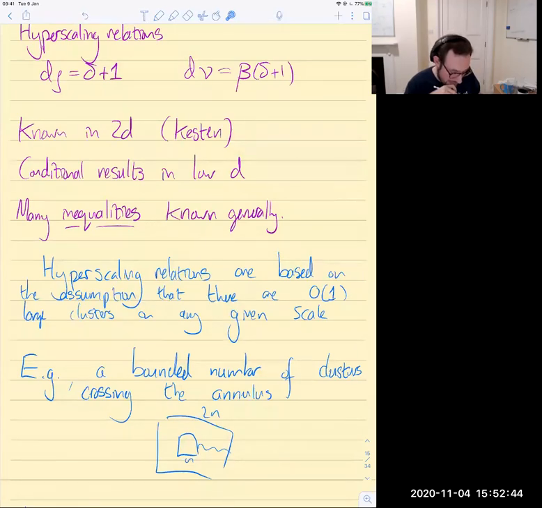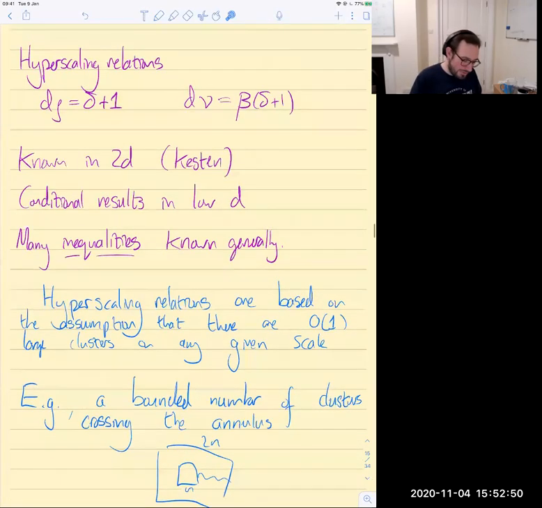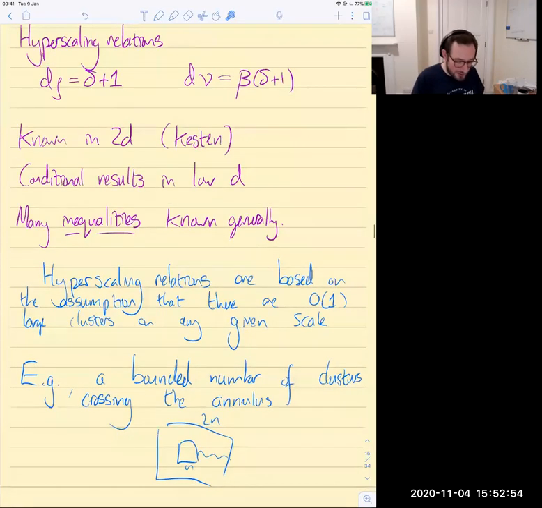In fact, these hyperscaling relations are actually known to hold under an assumption like this in low dimensions, which I forgot to write the authors, but it's Chayes, Kasten, and maybe someone else I've forgotten.